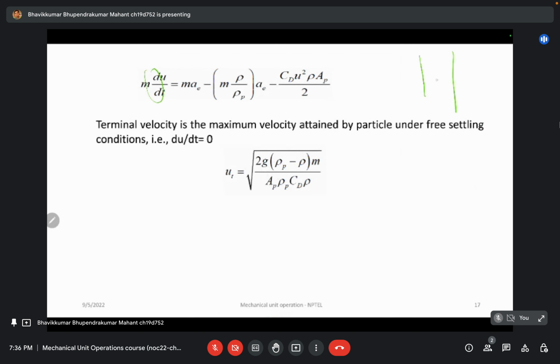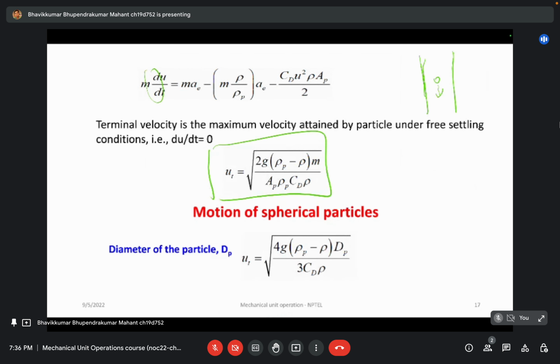So if you consider an infinite cylinder, then after some time the particle attains constant velocity. It is not having any acceleration, so du by dt is equal to 0. That is known as the free settling velocity, and the equation is ut equal to under root of 2g into delta rho, which is rho p minus rho, into m divided by Ap rho p CD into rho.